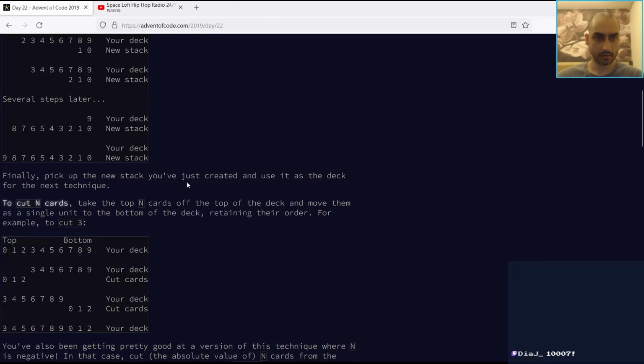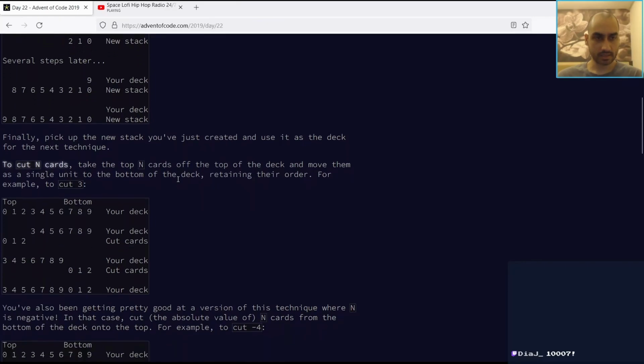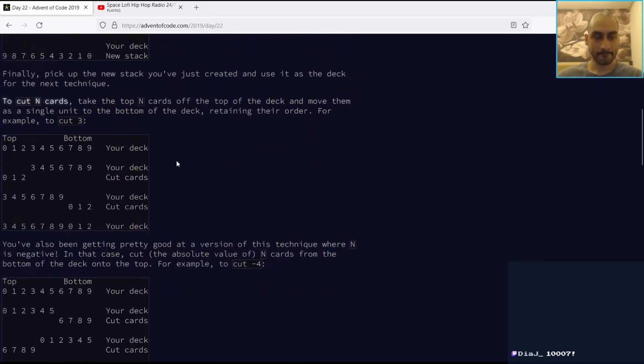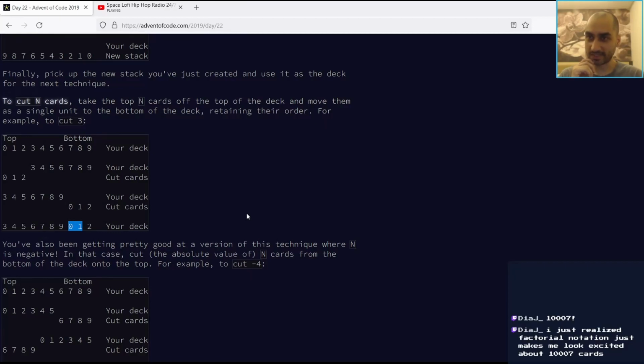Okay. Fine. To cut N cards, take the top N cards off the top of the deck and move them as a single unit to the bottom of the deck, retaining their order. Okay. To cut 3, you put... Okay, fine. I just realized factorial notation just makes me look excited about 10,007 cards.